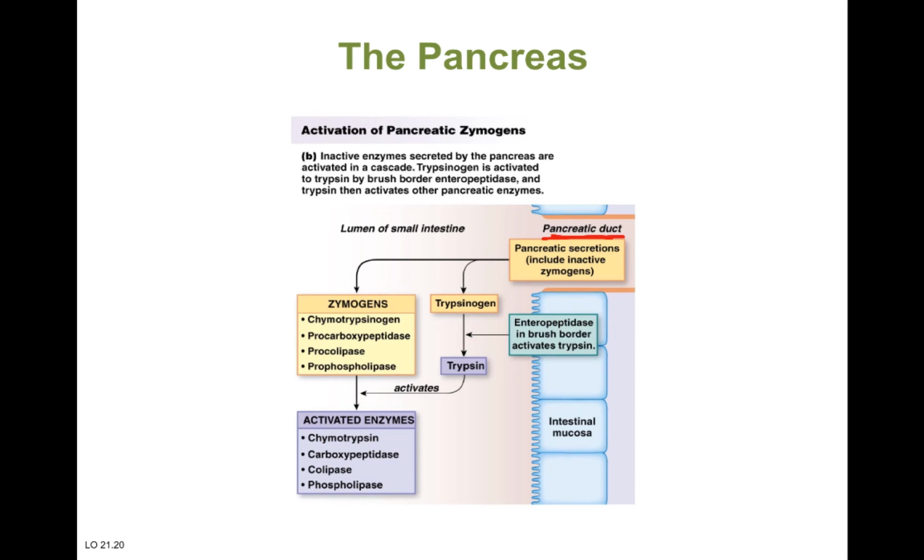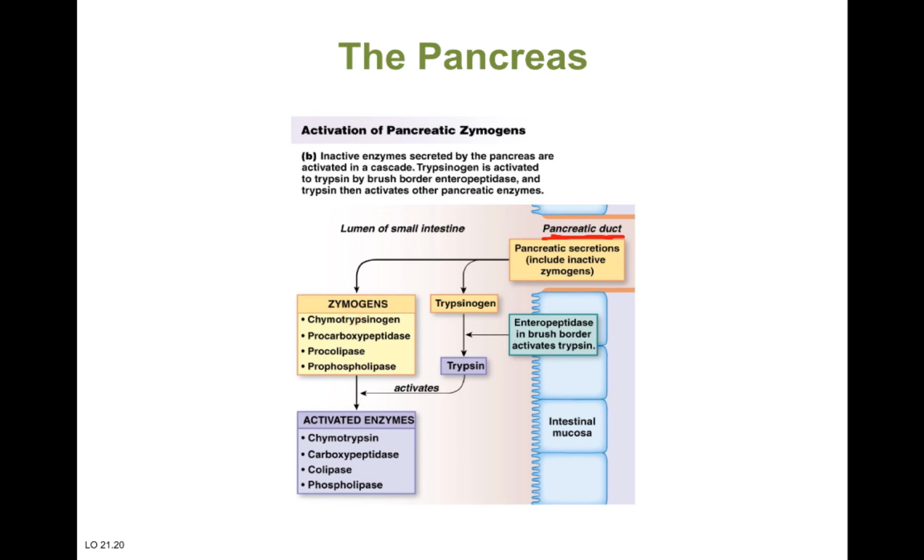Instead they're inactive, and as soon as they hit the small intestine, they're activated. Gastric acid or hydrochloric acid will help with that. The enterocytes produce enzymes that cleave trypsinogen into trypsin, and trypsin is the one that is actually going to cleave these zymogens.